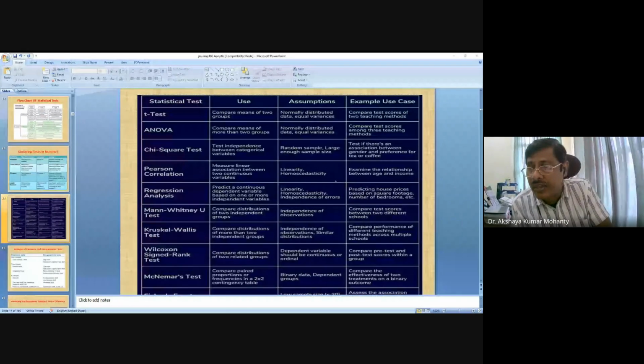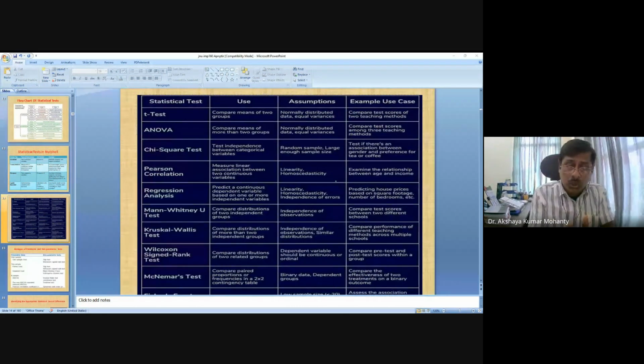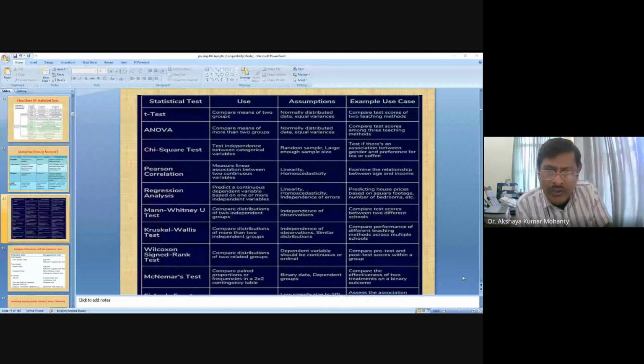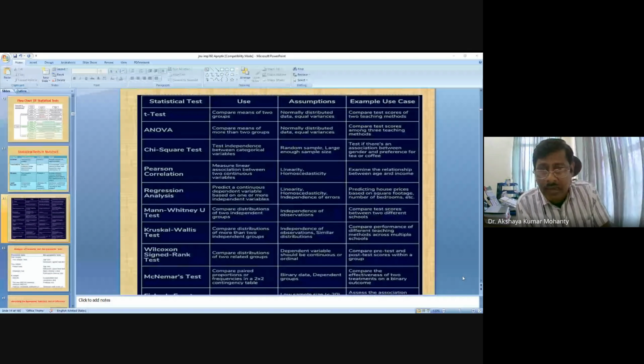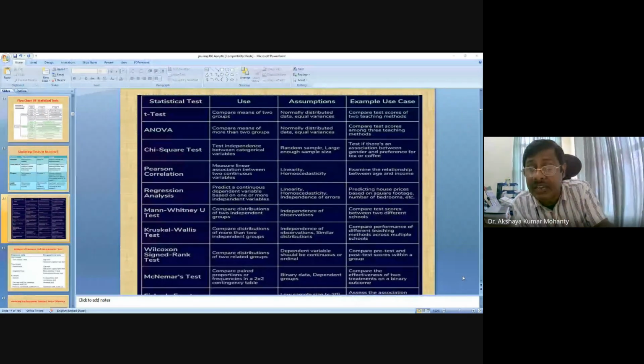So goodness of fit means the goodness of the fit. In Hindi, if we translate it, fit का goodness है. So when the two variables are independent of each other, we are unable to establish the relationship, whether they are properly fit or not. So to assess whether there is a good fit or not, for that reason we are assessing the chi-square, and that will be used only when the variables are independent in nature.